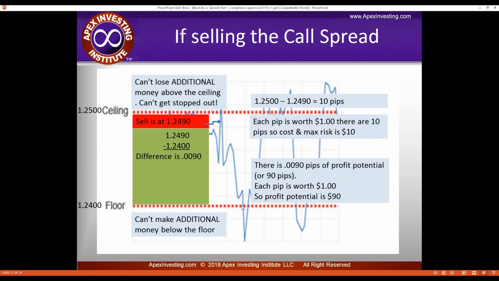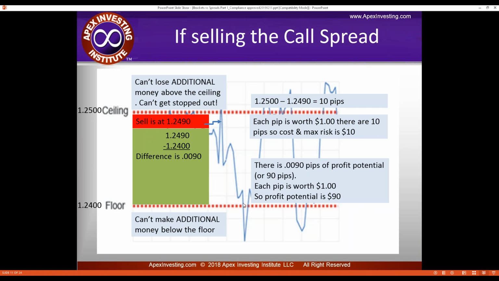I can make money all the way down to 2400, so the max I can make on this is 90 pips. Each pip being worth $1 is $90. So in this example, my maximum risk is $10 and the maximum reward, if it moves all the way down, is $90.